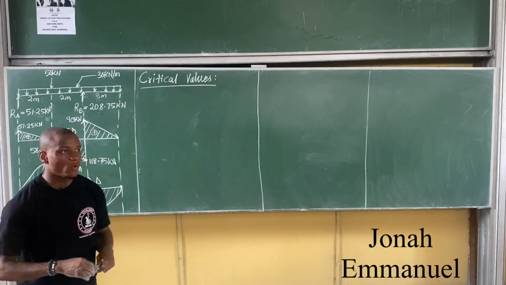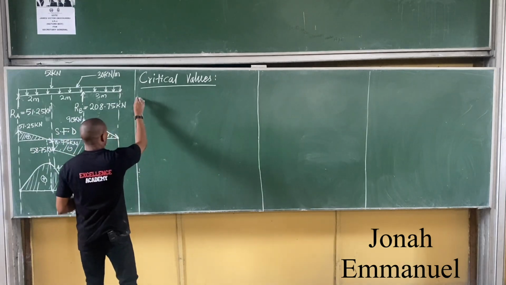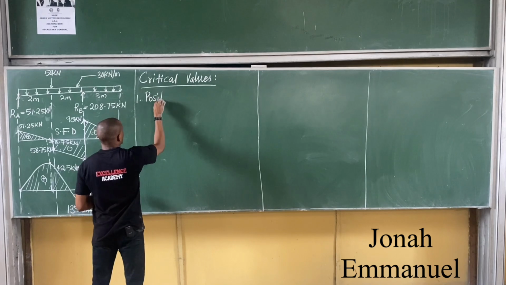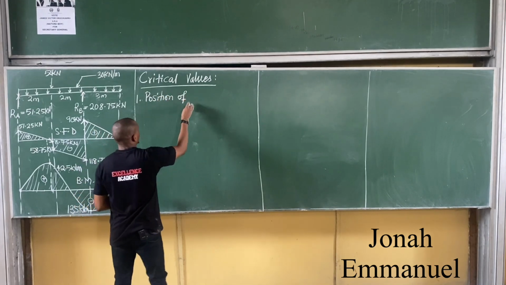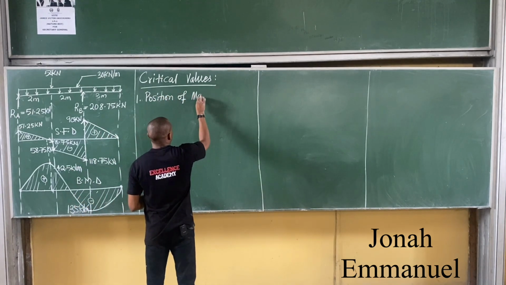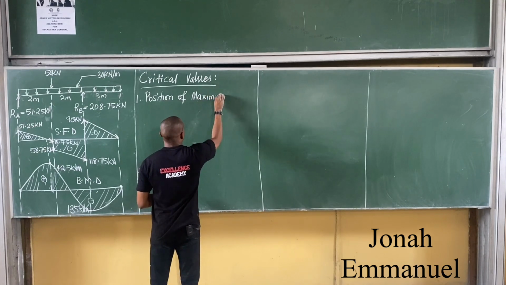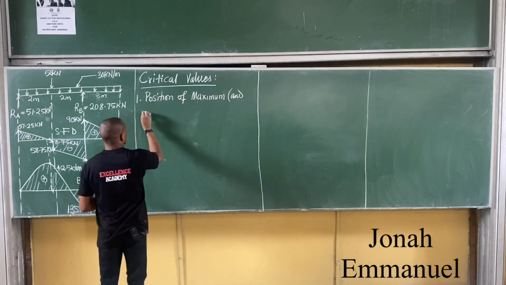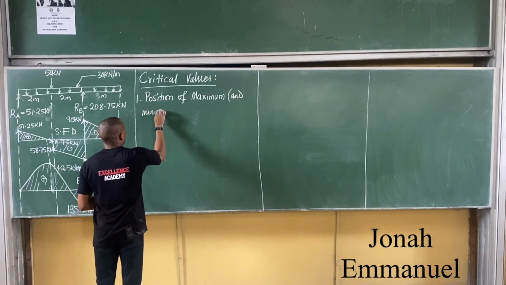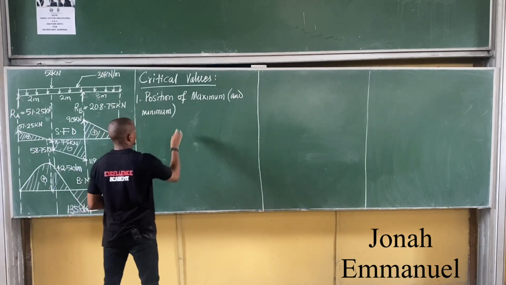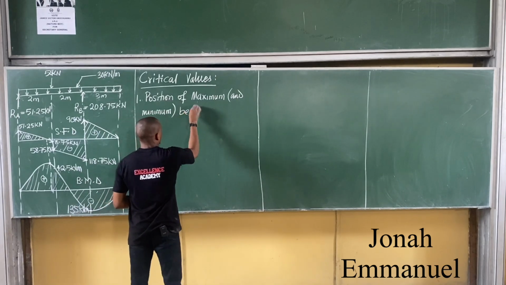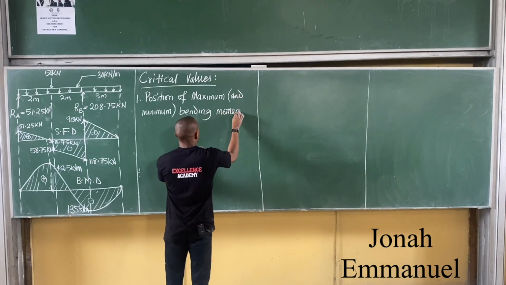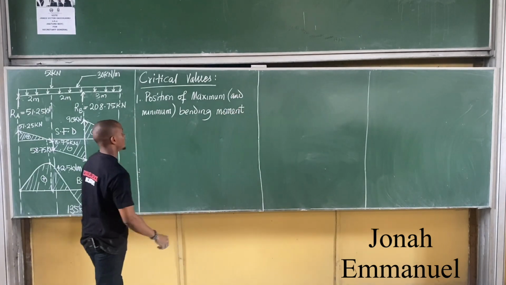They include number one, position of maximum sometimes and minimum bending moment. That's the first critical value.